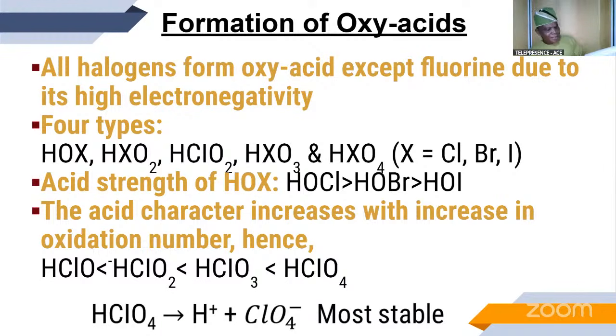Sulfuric acid is prepared using quantum pentoxide. Now we go to halogen. As a form of revision now.